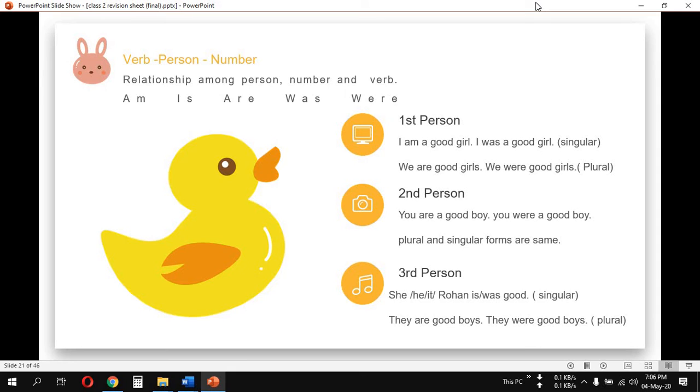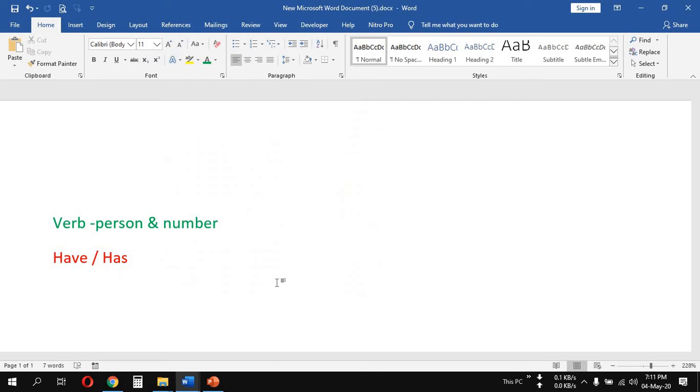It's very simple: whenever you use are, just write were to make the statement past, and whenever you use am or is, just write was to make it past. So that was all about our first and second class.